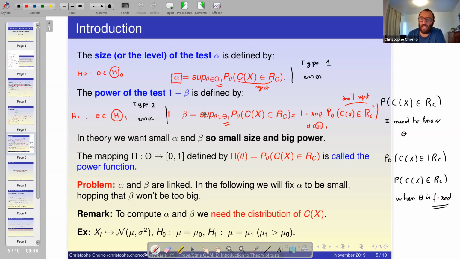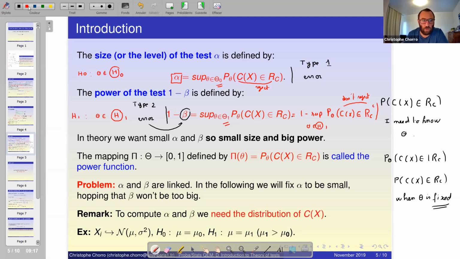And so, in practice, what I want to do is make alpha and beta small, because if it's possible, I want to minimize the type 1 error that is related to alpha, and the type 2 error that is related to my beta.